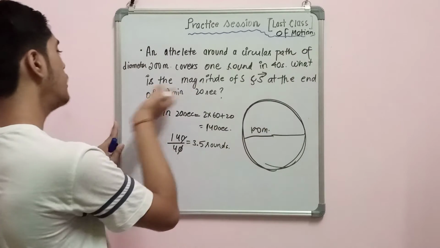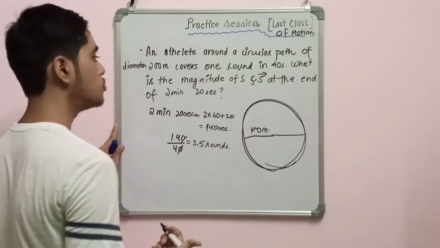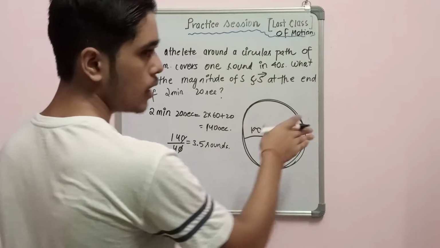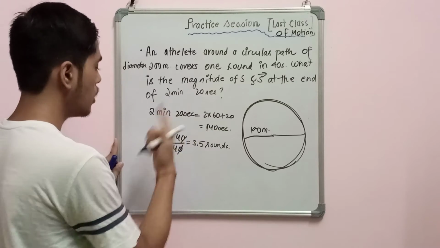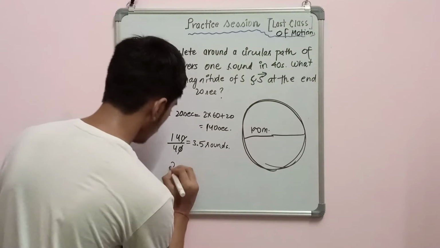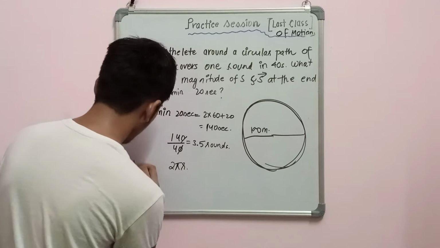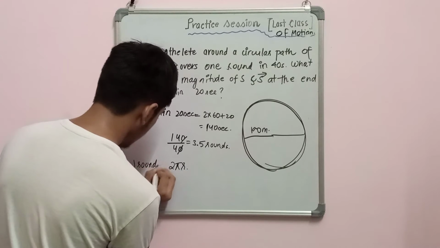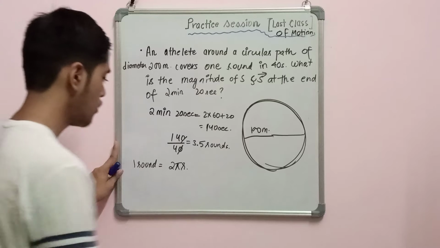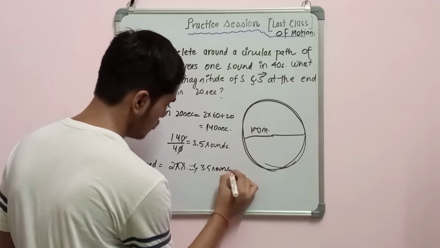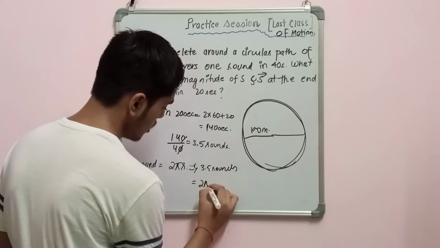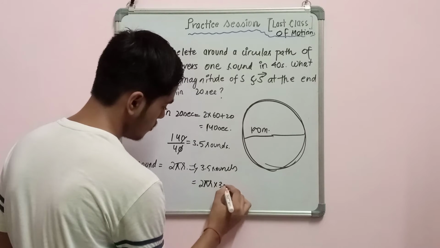You have been asked the magnitude of distance. This is a circular path, and in one round the distance is 2 pi r. In 3.5 rounds this will be 2 pi r into 3.5.